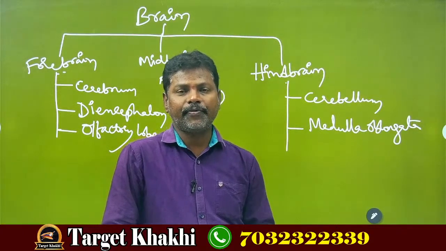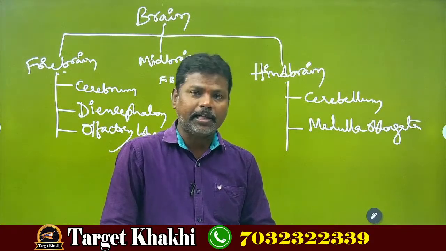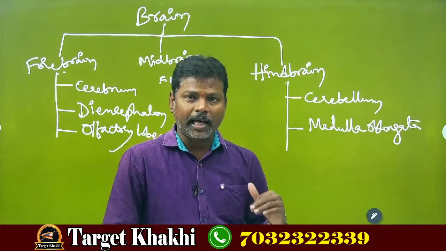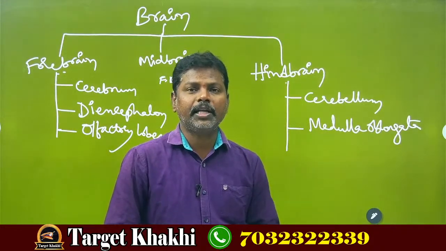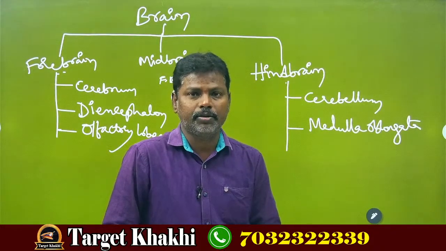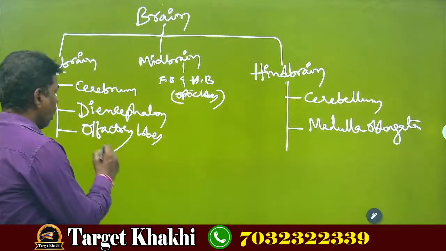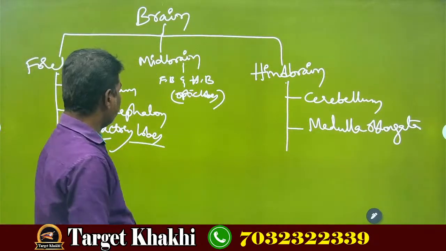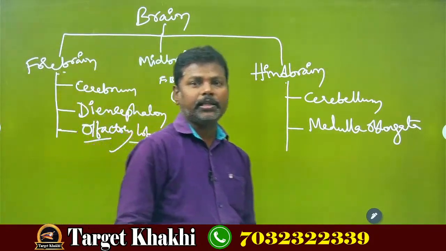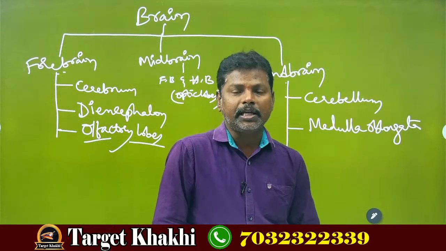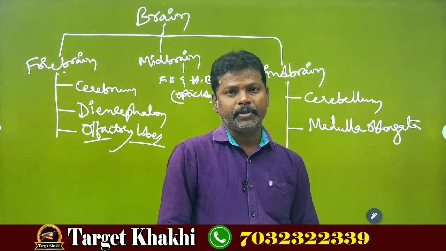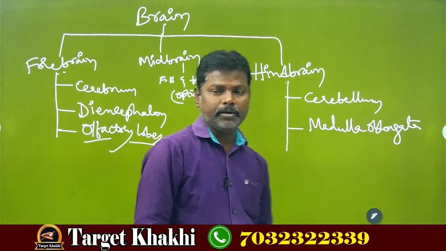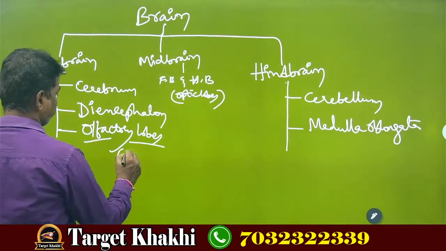And in the diencephalon, hypothalamus and thalamus are present. Under the hypothalamus only, the pituitary gland will be controlled. Next, olfactory lobes are present. These olfactory lobes help in the sensation of smell. They are related to smell.